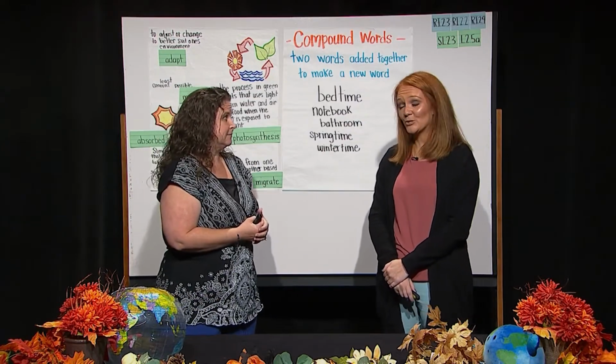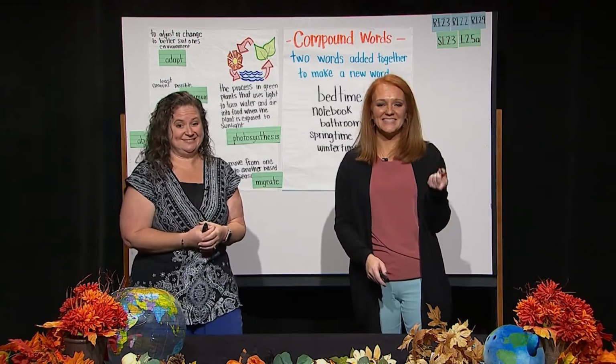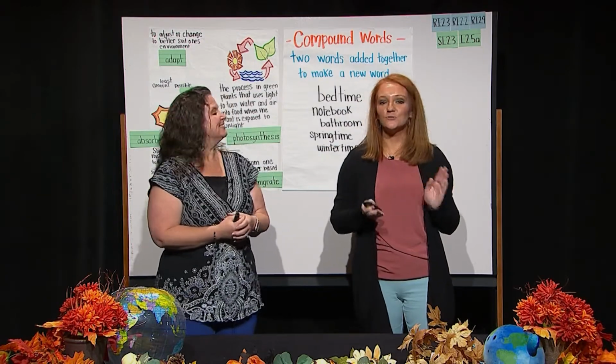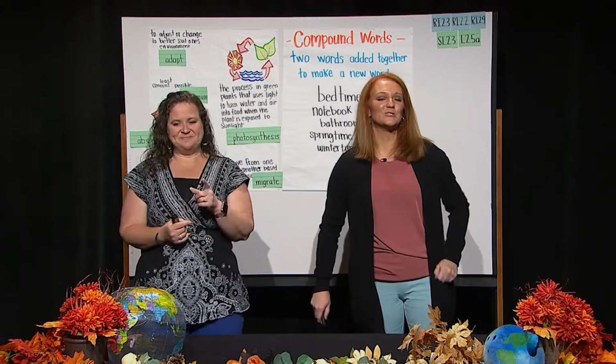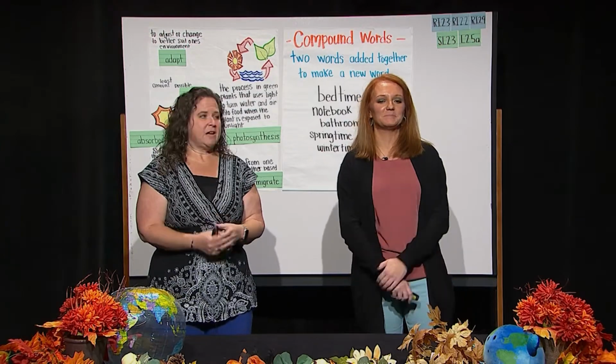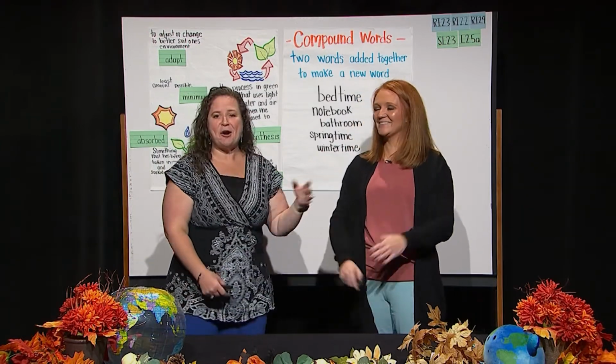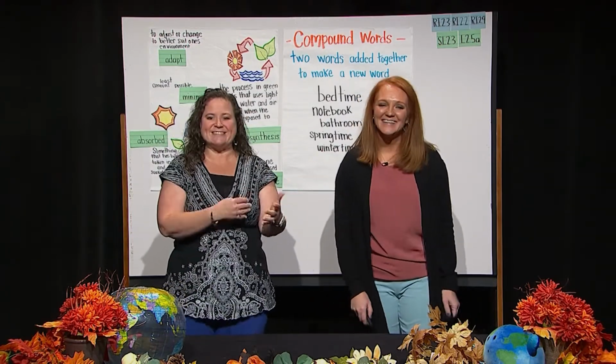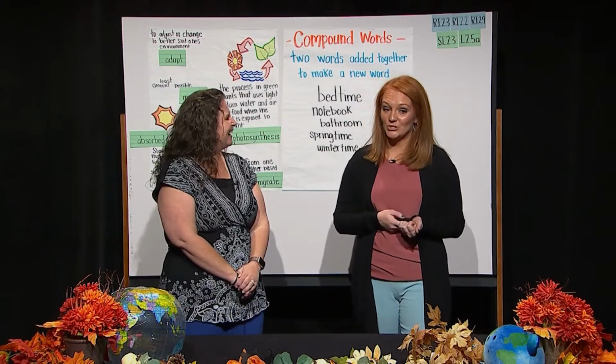Wow, that is a fun word to say. Let's use it in a sentence. Plants use photosynthesis to make their own food. That word is so long, Miss Brandy, we can't even get our other words together. Photosynthesis. Yes, photosynthesis. And I am so excited to learn more about these words today.